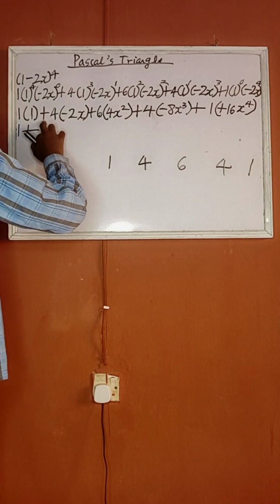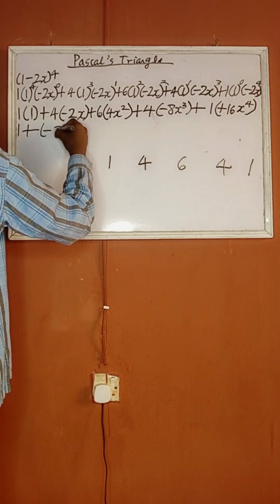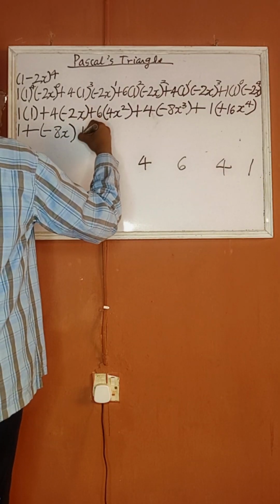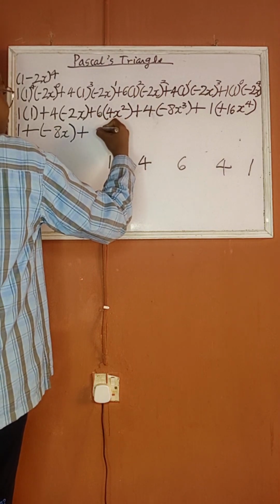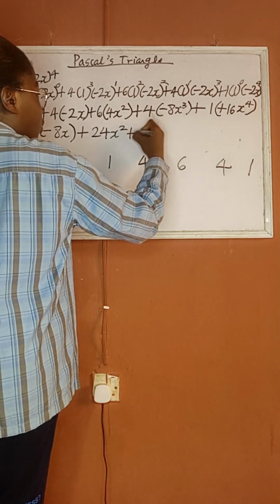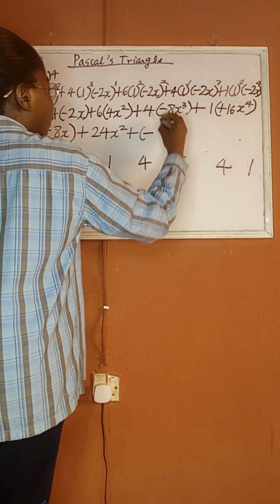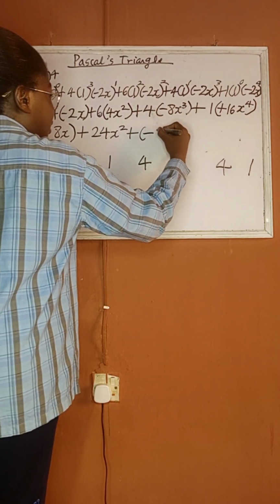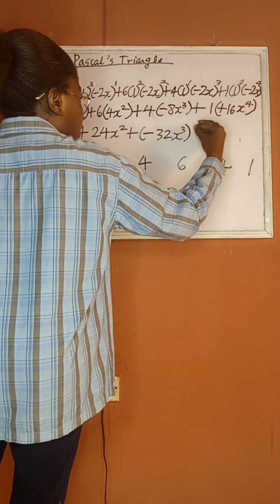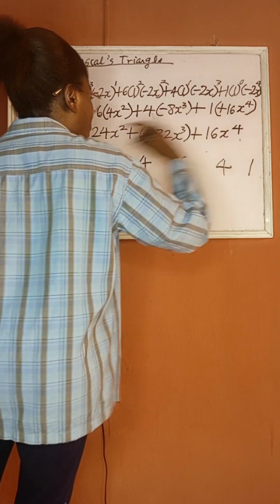Plus times minus is going to give you minus 4 times 2, 8x, plus 6 times 4, 24x squared, plus times minus is going to give you minus 4 times 8x cubed is 32x cubed, plus 16x all raised to the power of 4.